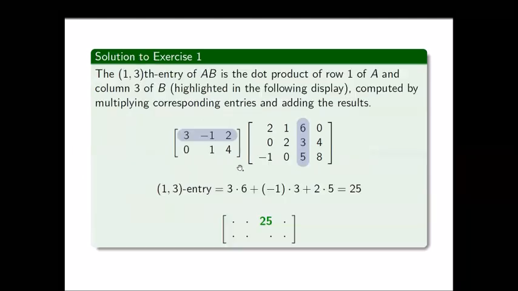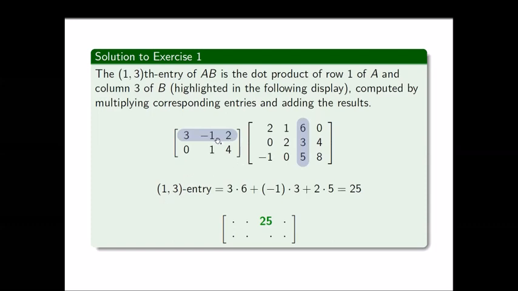So let's do so. The entry at 1, 3, in the first row and the third column, is going to be 25, because to compute the entry at 1, 3, we take the first row in the left matrix and the third column in the second matrix.